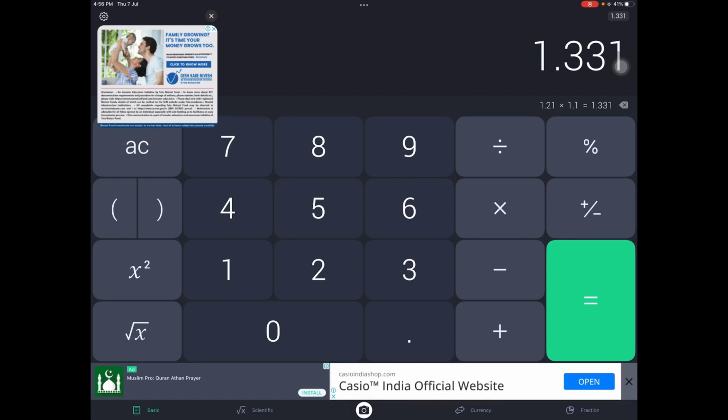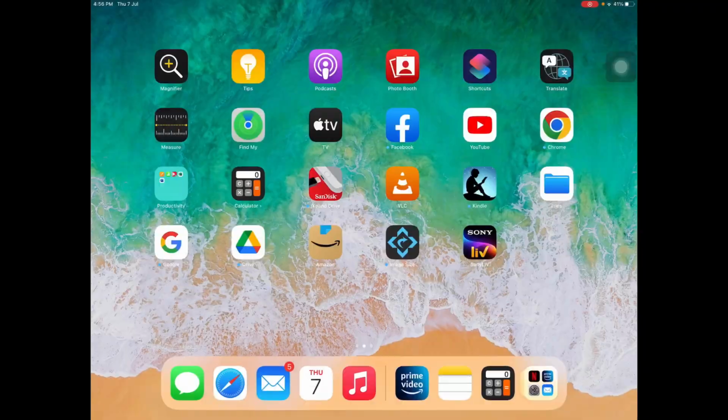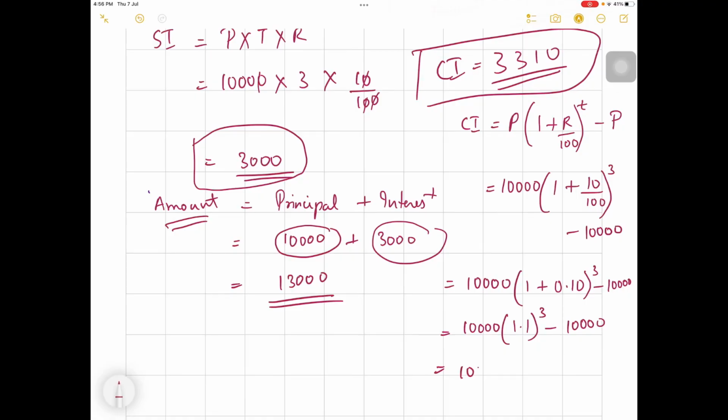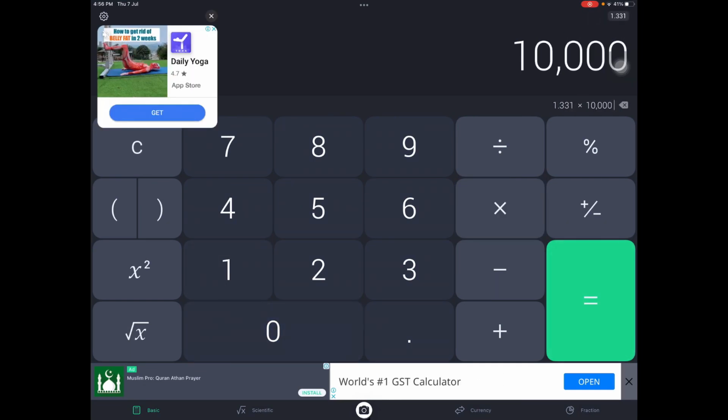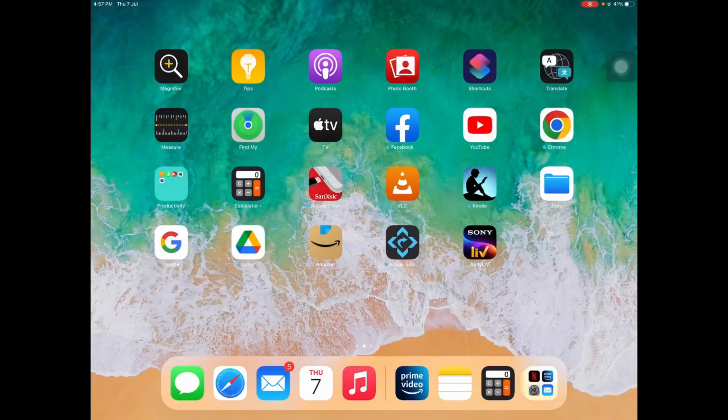So 1.331. So 10,000 into 1.331 minus 10,000. So let's do this. Into 10,000, which is 13,310, minus 10,000.